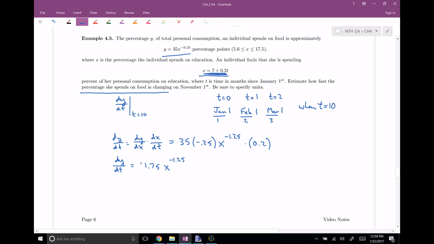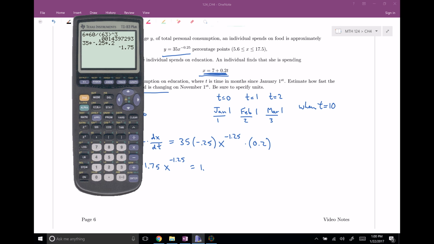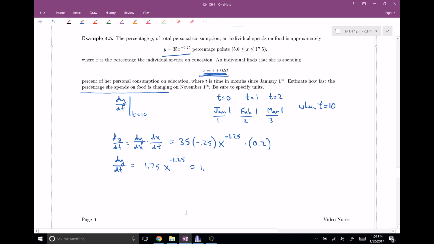And so again, everywhere I see an x, I'm going to plug in 7 plus 0.2t. Okay, now I'm ready.